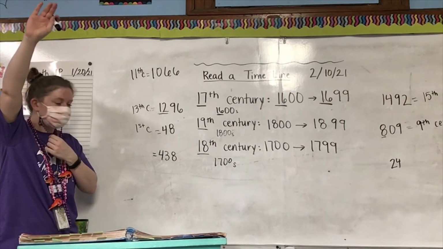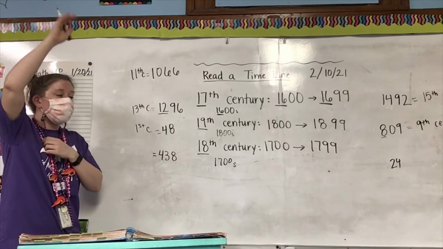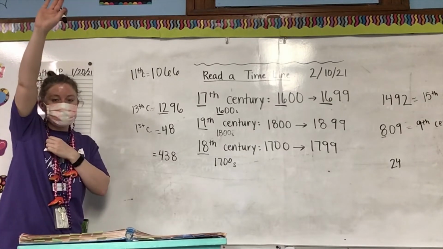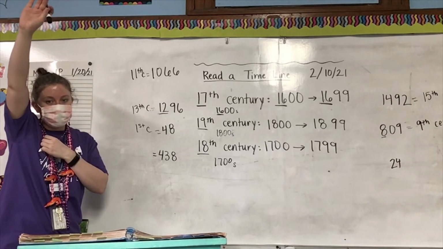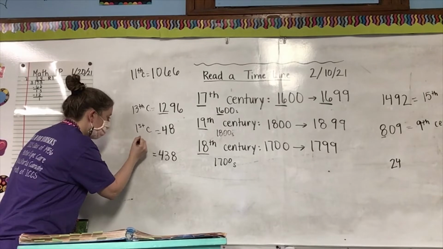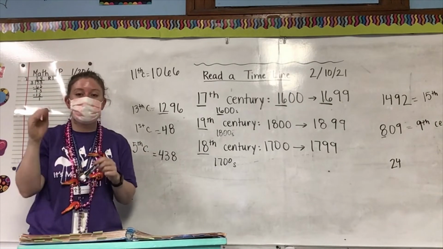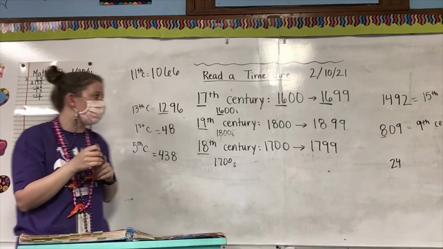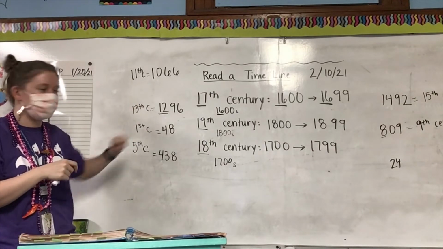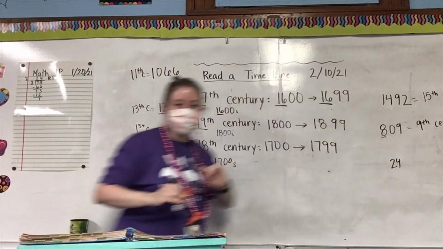Carla. 400th century. Smith. The 5th century. The 5th century. Please listen. If you had been listening and following along, you would have understood we never said 1000s, 1200s, 800s, 1500s.